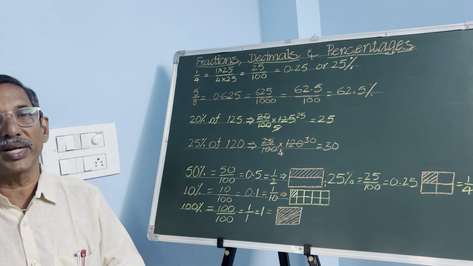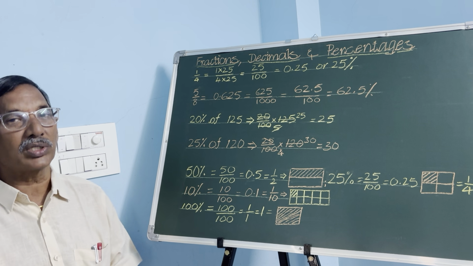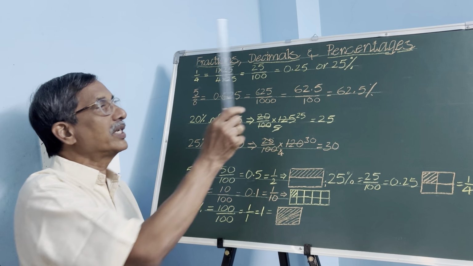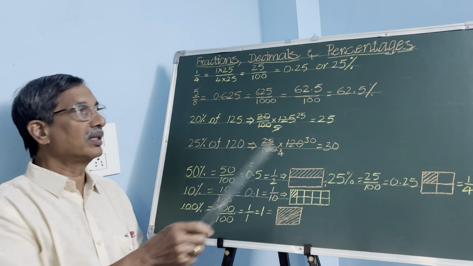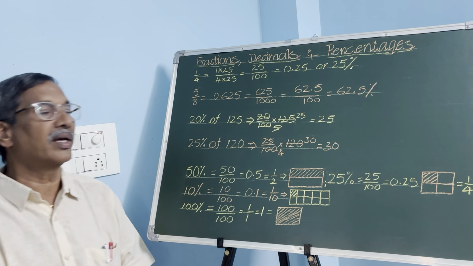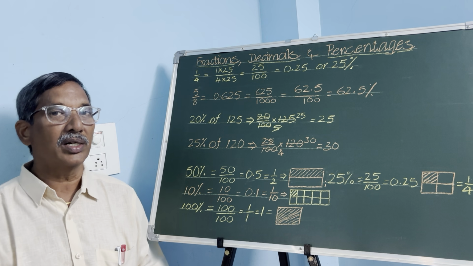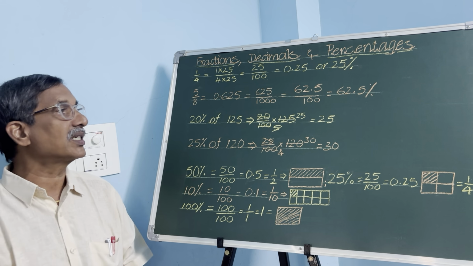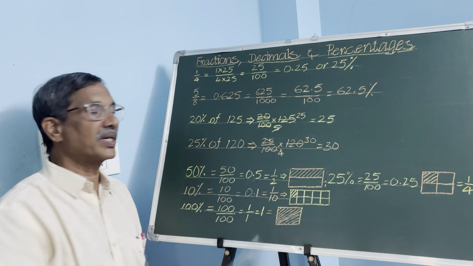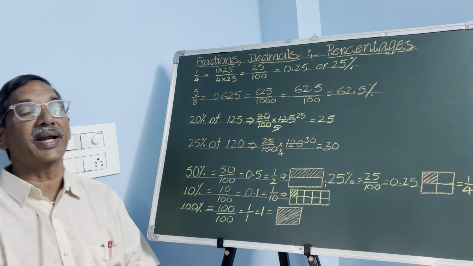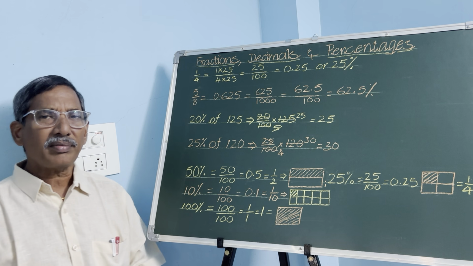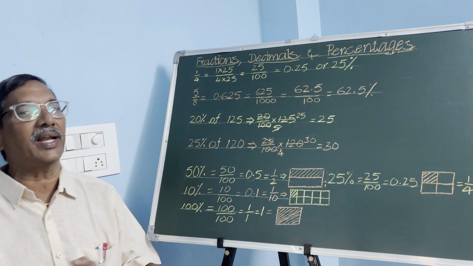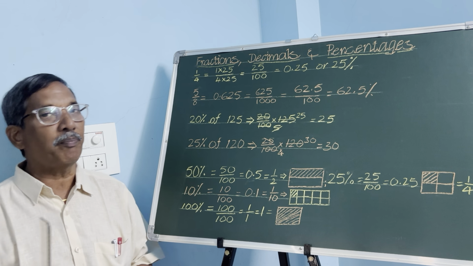Since the denominator has two zeros after 1, there should be two decimal places in the decimal number, and it becomes 0.25. And if you express 25 by 100 as a percentage, it is 25%. 25 by 100 means 25 per 100.